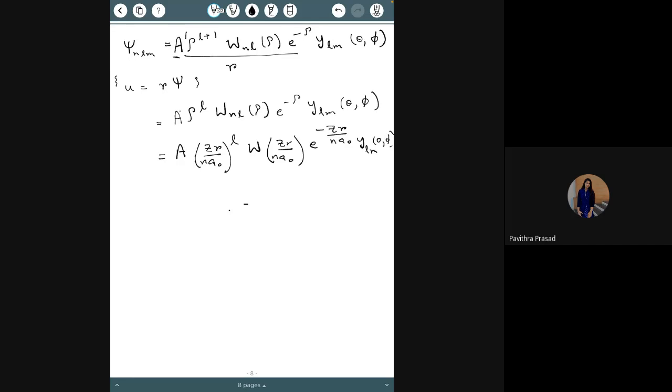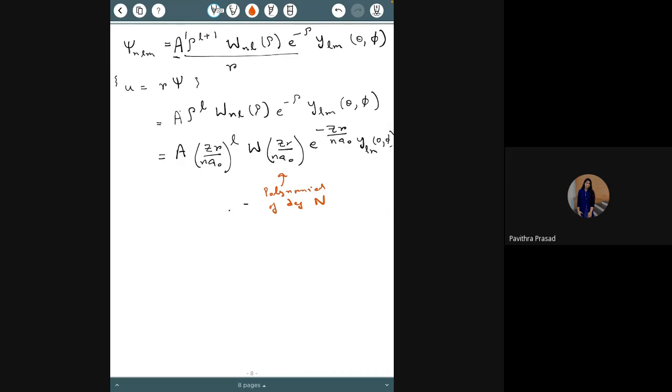Yeah, so this is probably it. Okay. Now W is a polynomial of degree capital N, and this is the source of nodes in your wave function.